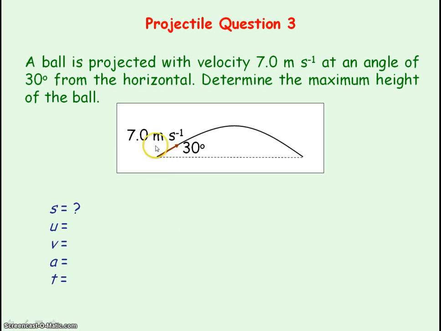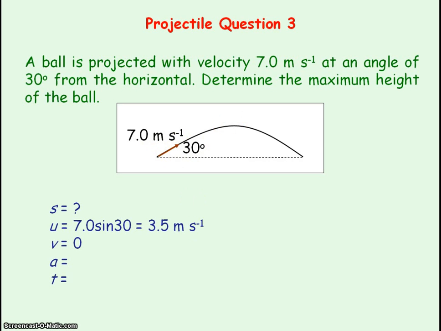The vertical direction is opposite to the angle, so that means we use the sine term. So the initial velocity vertically will be 7.0 sine of 30, which is 3.5 meters per second. The final velocity at maximum height in the vertical direction will be 0.